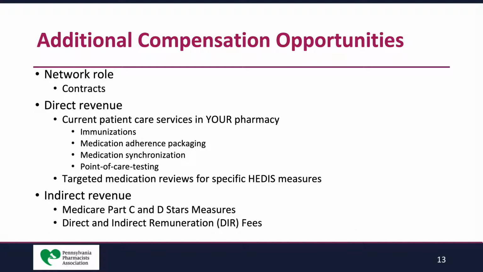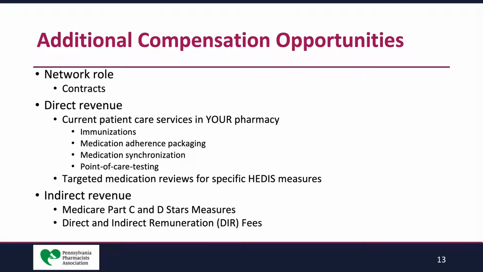Some different contracts may pay for adherence packaging, additional revenue to pharmacies that do MedSync. There's opportunities to do point of care testing through collaborative practice agreements and billing Med B to do things such as strep testing.